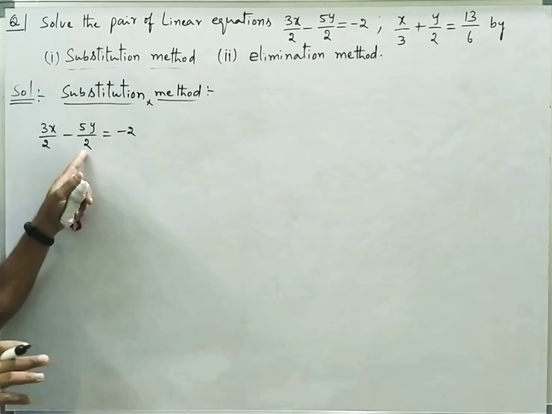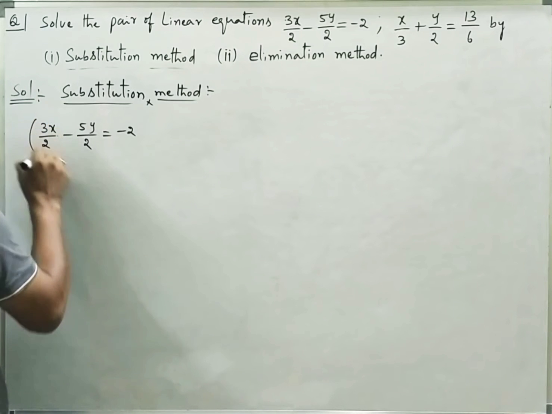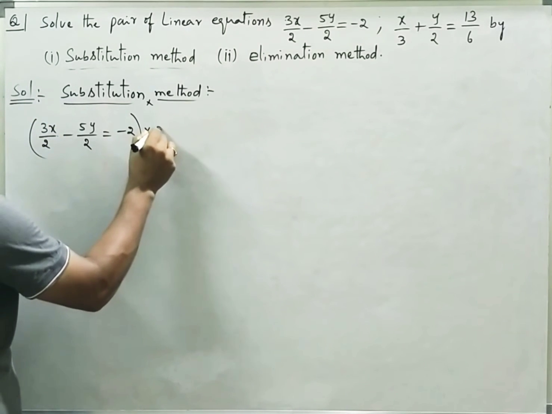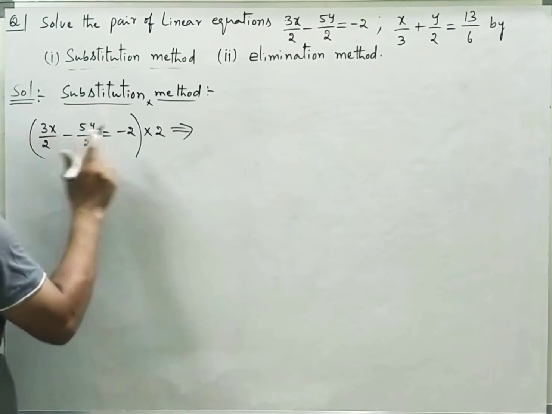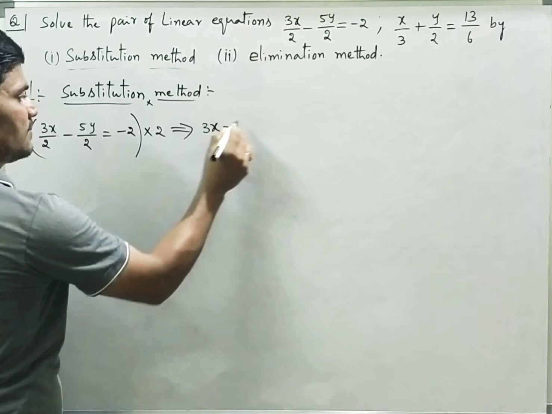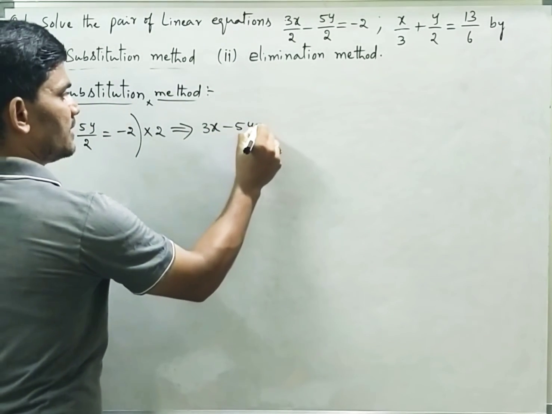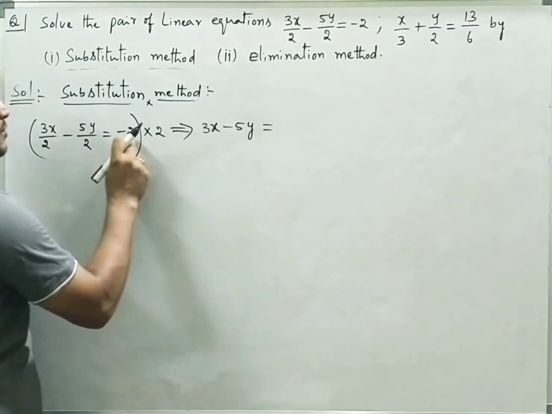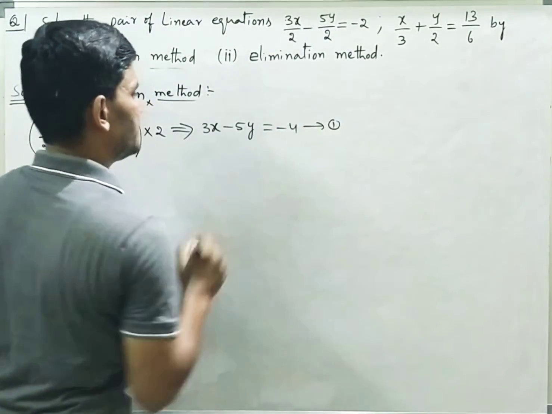For 2 and 2, obviously 2. So let us multiply this equation by 2. Then the 2 gets cancelled. It becomes 3x minus, again here also the 2 gets cancelled, 5y is equal to 2 times -2, that is -4. Let it be equation 1.